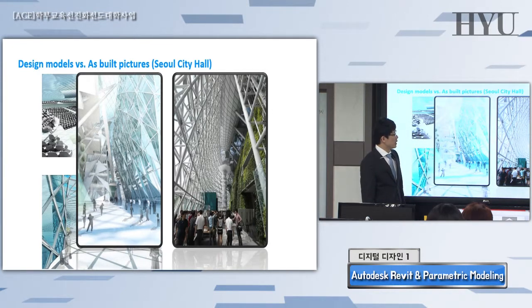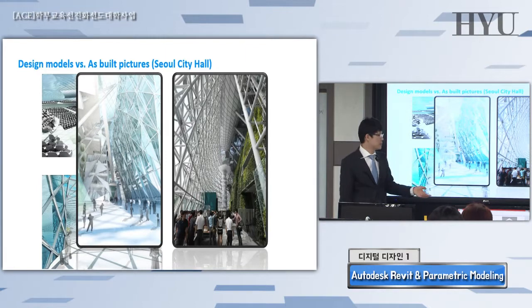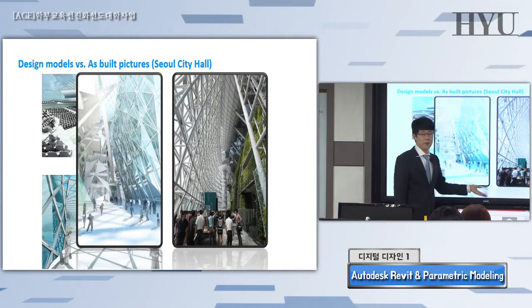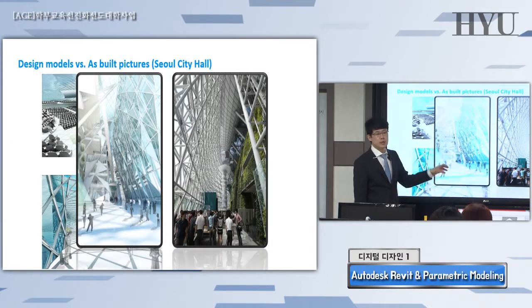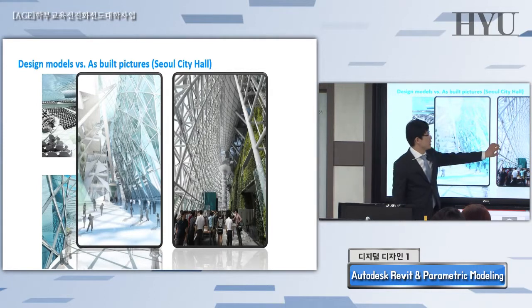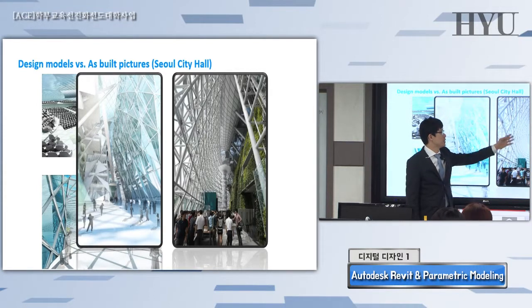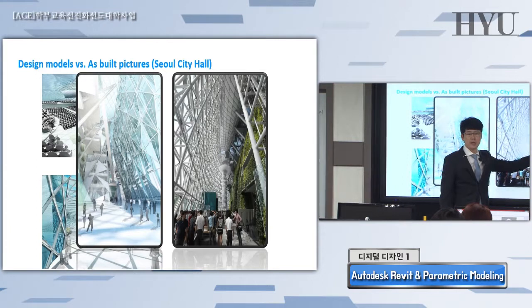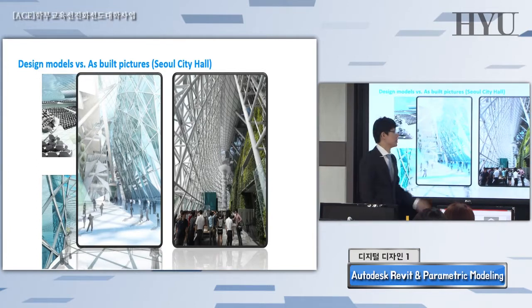But what if they had designed using parametric and BIM and constructability-considered approaches? The design can be a little bit different. Even in an early phase of design, they don't need to see the details, but this kind of detailed features and structures can be modeled even in the early phase of design.